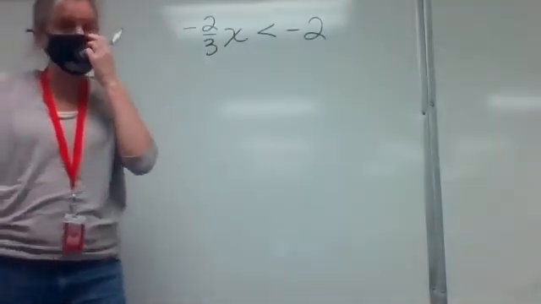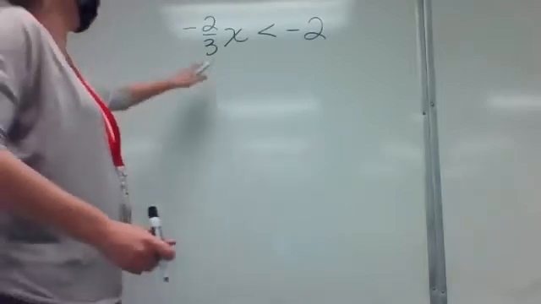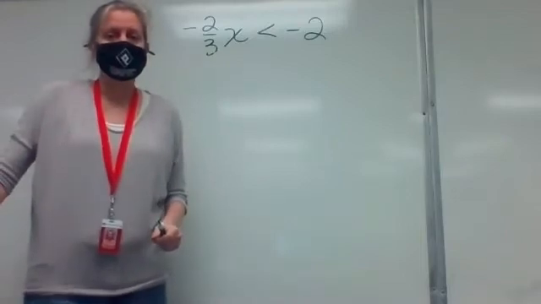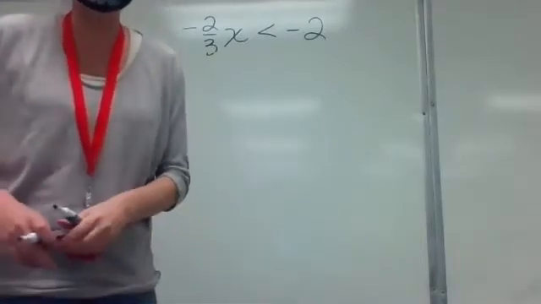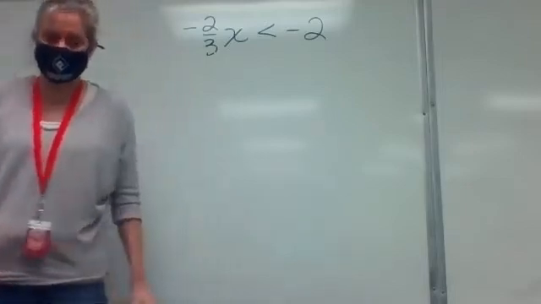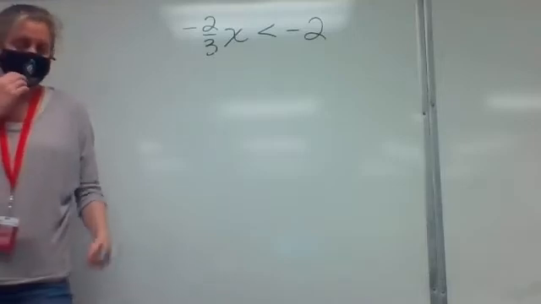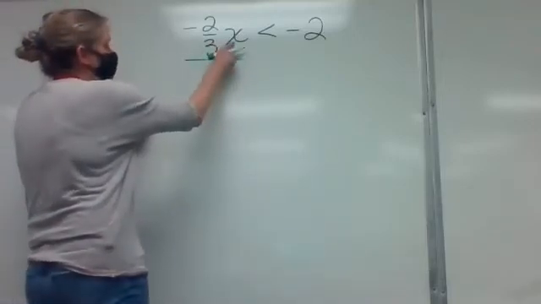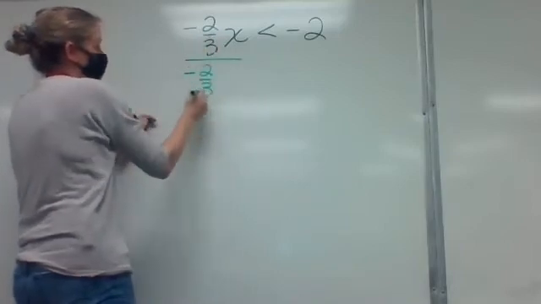Now, remember, we do have a calculator, so that's going to help us on this one because this negative 2/3 is hooked on to that x. Which means, how do you always get rid of hooked on numbers? You divide by them, whatever they are. Since it's hooked onto the x, I'm going to divide by this exact number.